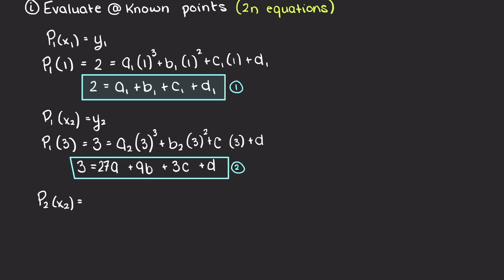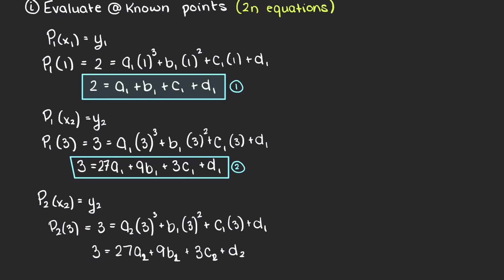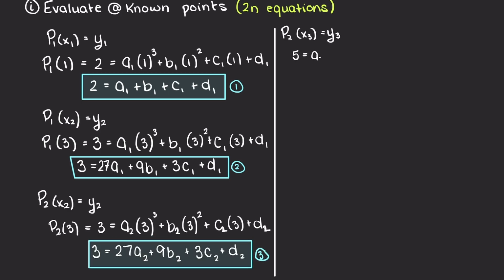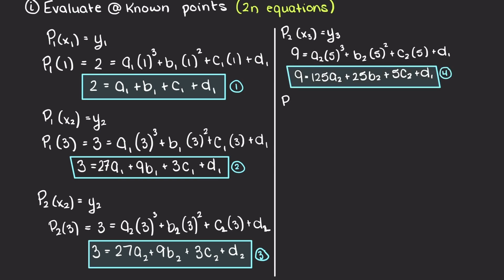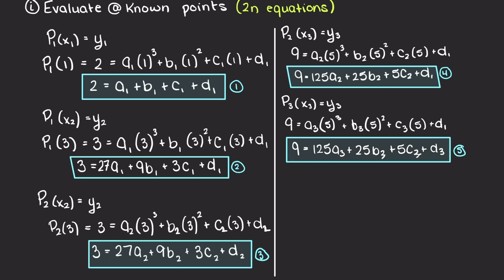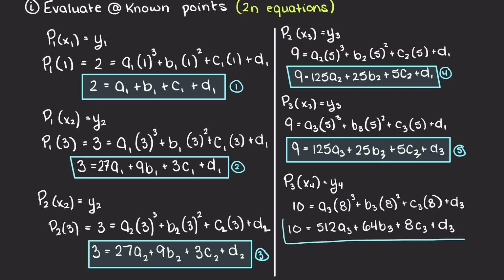But to elaborate a bit more, we're going to evaluate our first polynomial with its 2 data points, so x1 and x2. p2 will be evaluated at x2 and x3, and lastly, p3 will be evaluated at x3 and x4. As you can see, when we are done here, this results in 6 of our 12 equations.